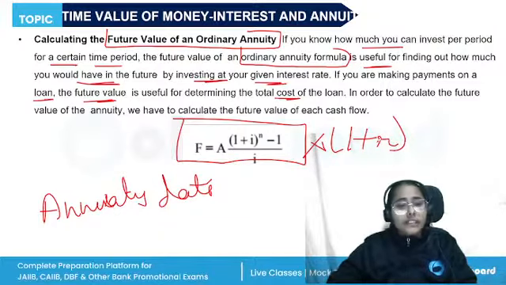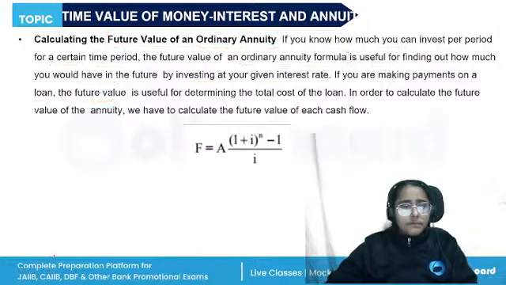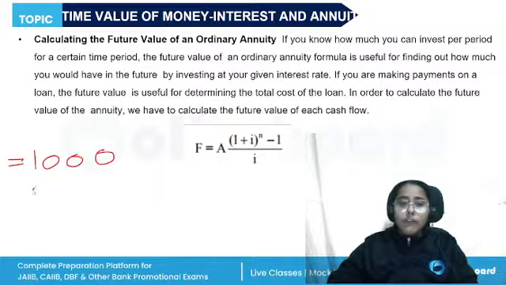For example, let's say we take the same example that we had taken earlier, the future value of annuity due of rupees 1000. We need to calculate the amount due, which is rupees 1000 for a period of n, let's say 5 years, and the rate of interest would be 5%.